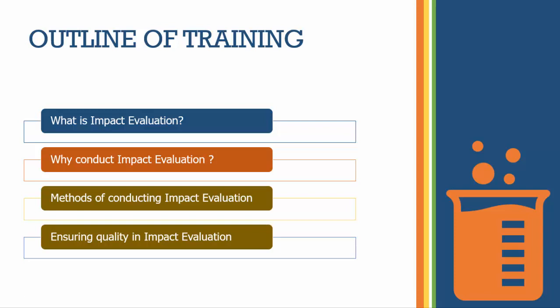What exactly are the methods? Then finally, we're going to look at ensuring quality in impact evaluation. How do you ensure that indeed the final output, the final product of this is of high quality? So like I said, this is a long video. Please look at the timestamps in the description if you want to skip this part and go to the next section of the video.